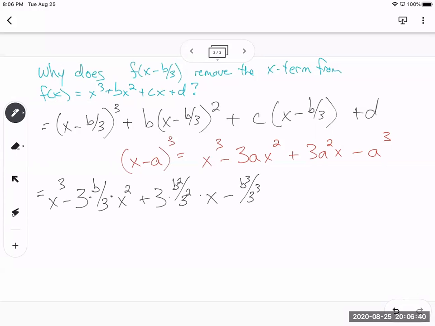Okay, that is just the (x minus b over 3) cubed. I'll put parentheses around that to help it stand out.